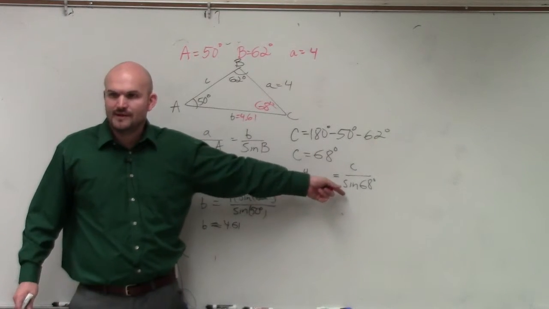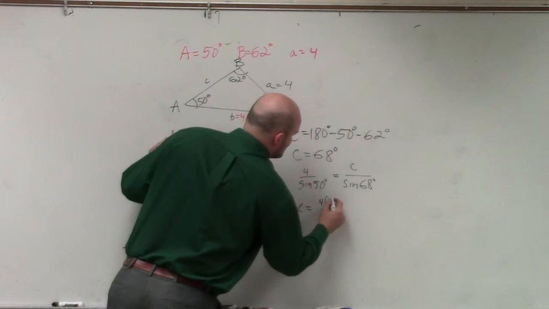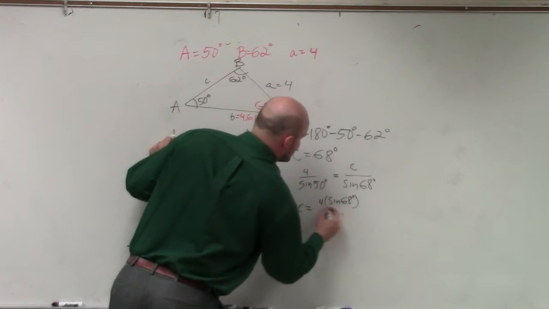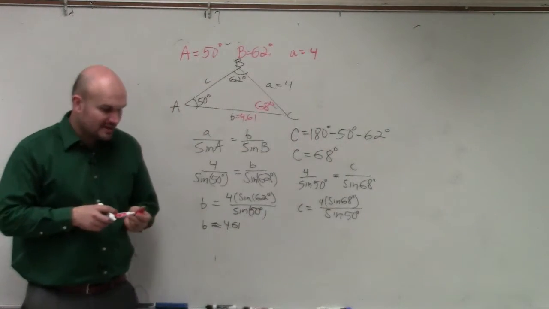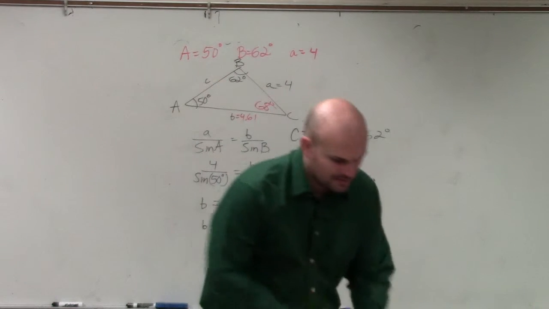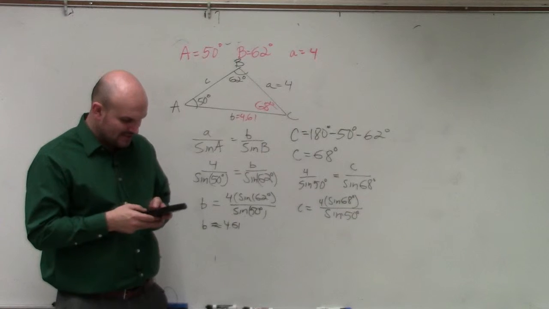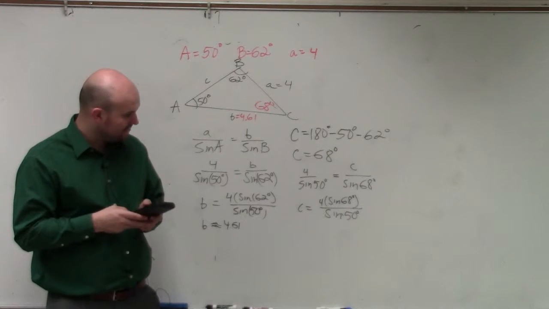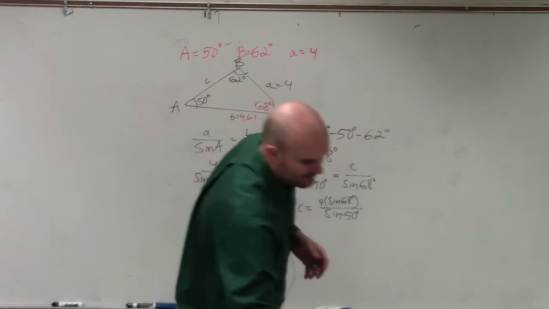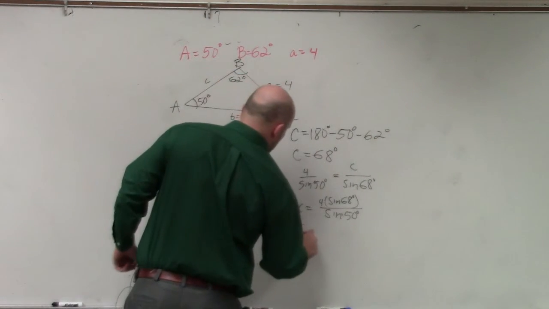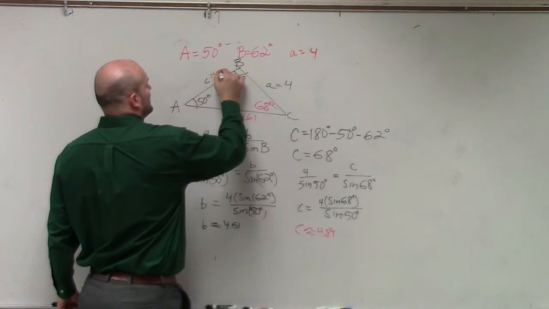Then c is equal to 4 times the sine of 68 degrees all over the sine of 50 degrees. Going back to my calculator, 4 times the sine of 68, divided by the sine of 50, I get 4.84.